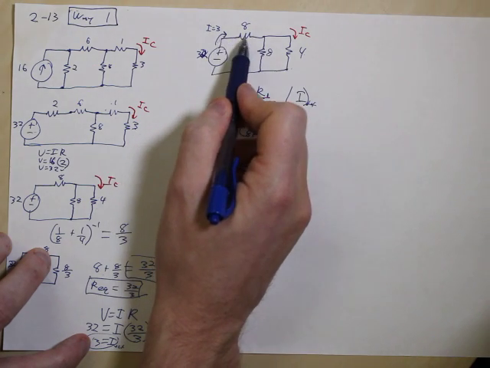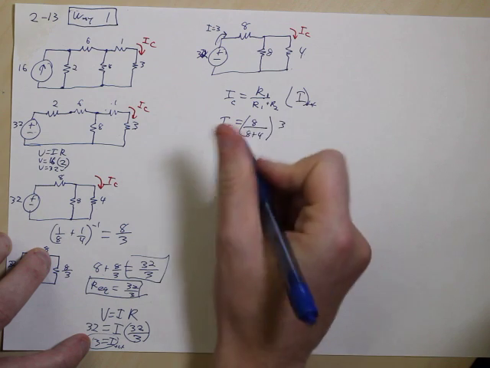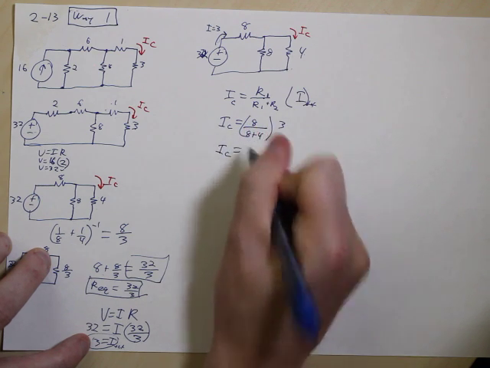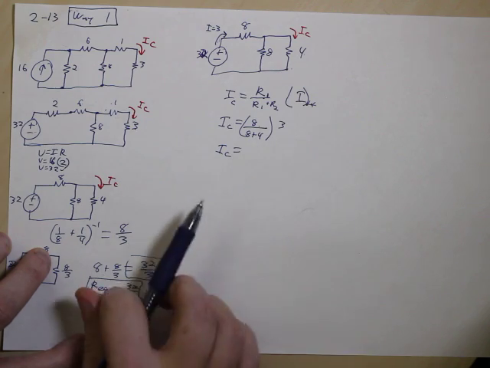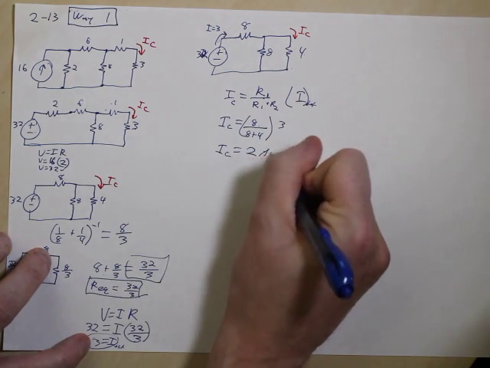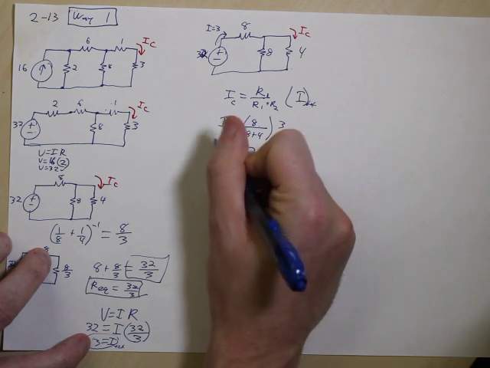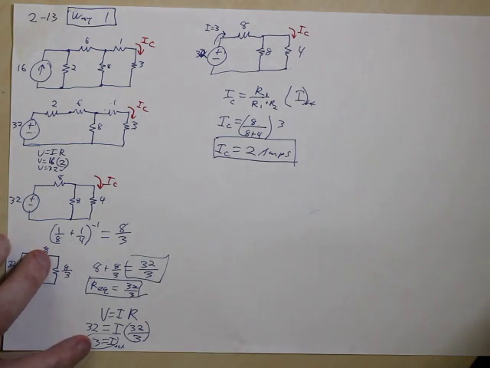So we have a 3 here. Remember, it's going to be 3 here as well. So 3 coming in equals 3 amps, and therefore IC equals 8 over 8, 9, 10, 11, 12 times 3, 2 amps. Boom. That's the answer. That is what IC is, and that's what the problem was asking.